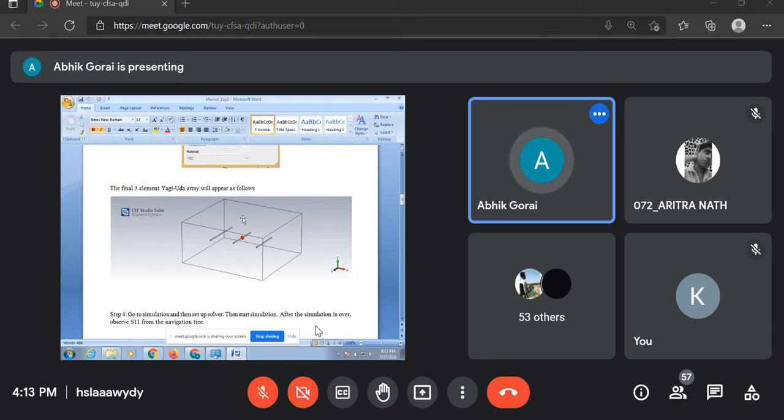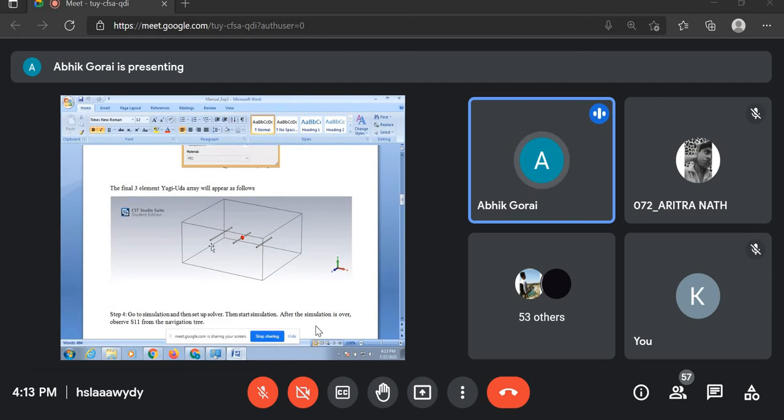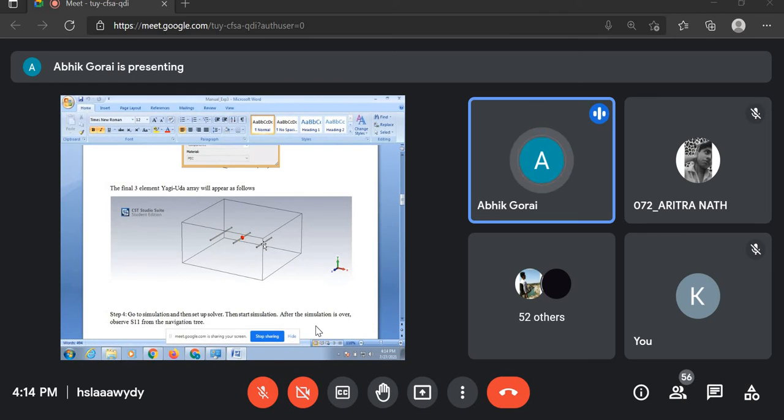The back element, which is longer than the feed dipole, acts as a reflector. The longer one acts as a reflector, and the one at the front of the original dipole antenna is generally the same in length or shorter than the center fed dipole. So this acts as a director. So in effect, the directivity increases.